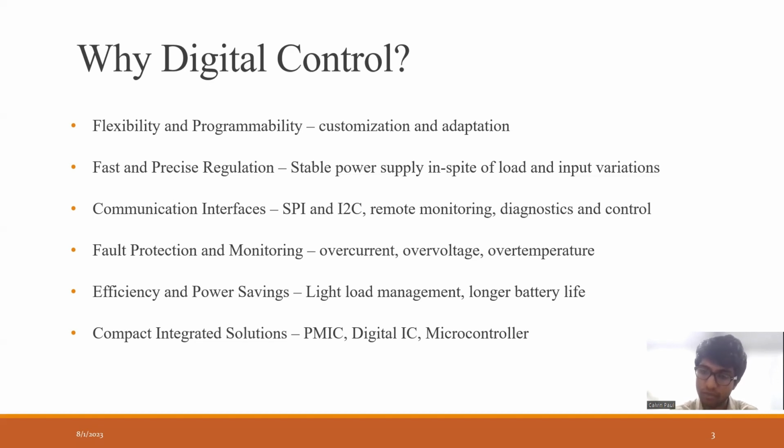When the load current fluctuates, the output voltage will dip or overshoot. There will be changes in the output voltage, so for that we need to regulate. As well, we cannot always guarantee that the input to our power supply is stable and fixed. There could be variations. So using digital control as well, we will try to.